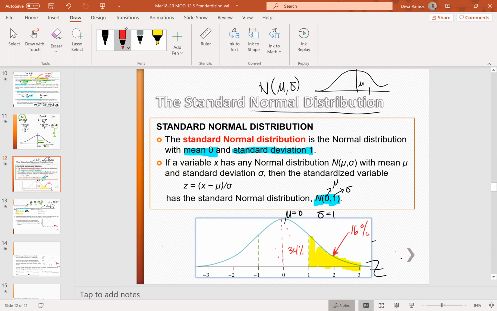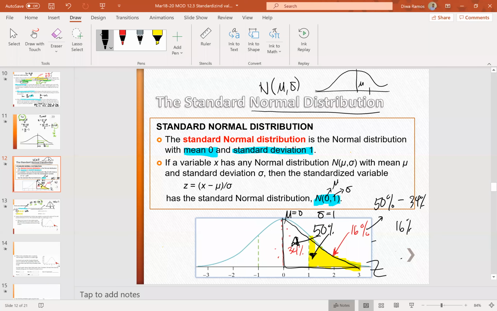The 34% is part of half of your normal distribution, which is about 50% of the data. So how did we get 16% here? 50% take away 34% is 16%. Isn't it crazy? It's already too small.